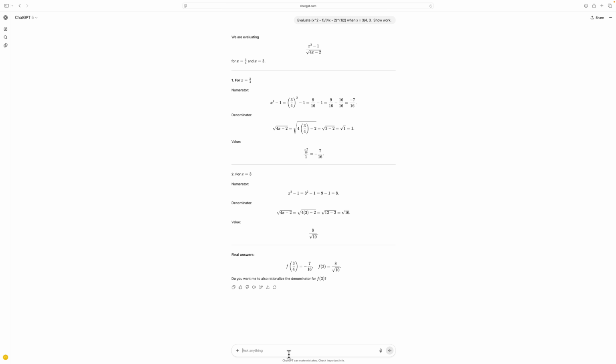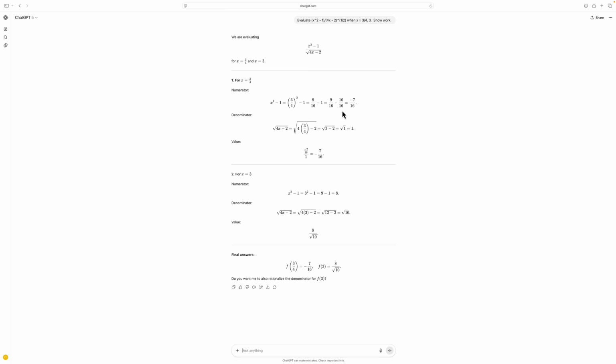Okay. All right. Wow, that was fast. So it wrote the problem right. X squared minus 1 divided by the square root of 4x, take away 2. For x is equal to 3 over 4 and x equals 3. When you pop in 3 over 4, you get negative 7 over 16. Looks like you pop in 3 over 4, it gives you 9 over 16, just like I did in the video.